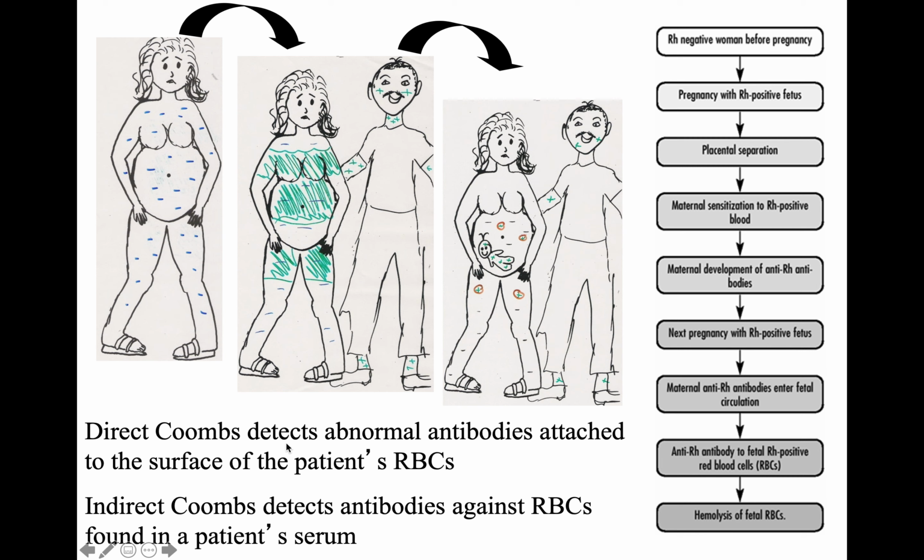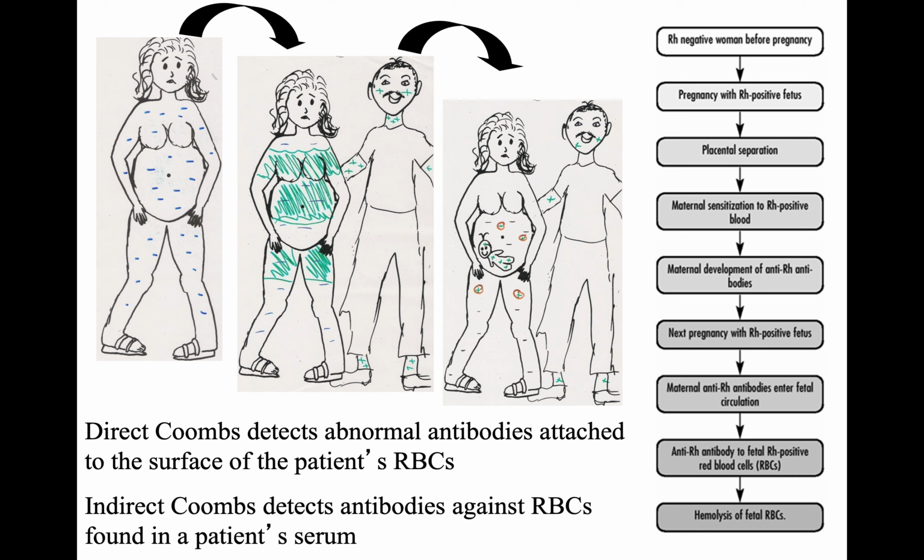And again, direct Coombs detects abnormal antibodies attached to the surface of the red blood cells, so that would be the baby. And indirect Coombs detects antibodies against red blood cells found in the patient's serum. And then as far as the ABO incompatibility goes, type O has no antigens on the red blood cell.